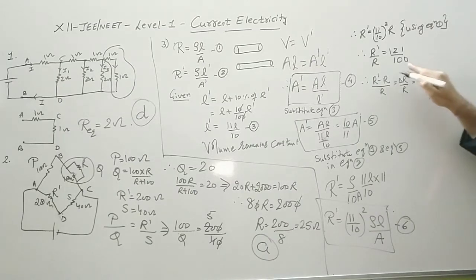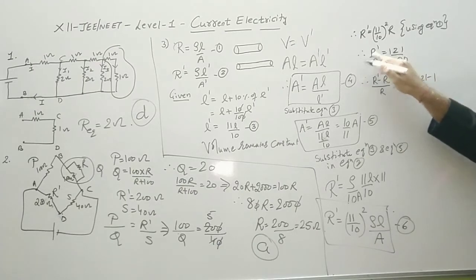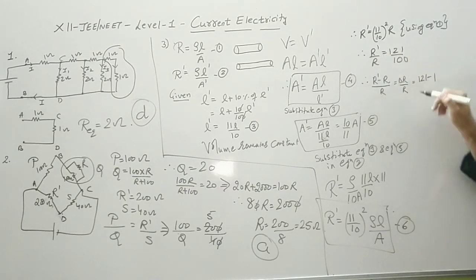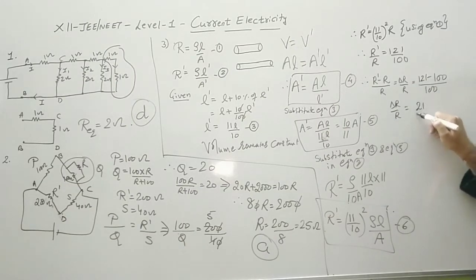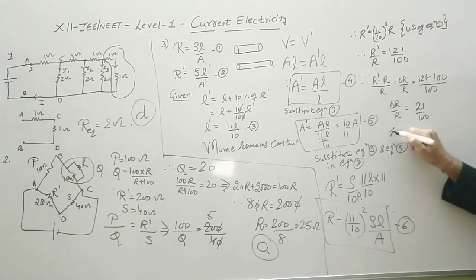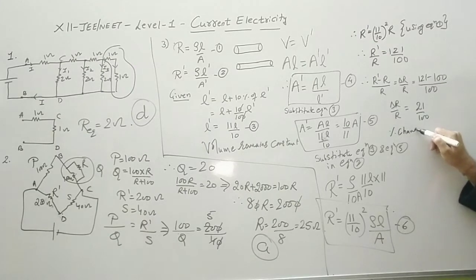So it will become 1.21 times, not 12.1 times. The final resistance will be 1.21 times the initial. So 121 minus 100 upon 100. So delta R upon R is equal to 21 divided by 100. Multiplying both sides by 100, the percentage change becomes 21%.